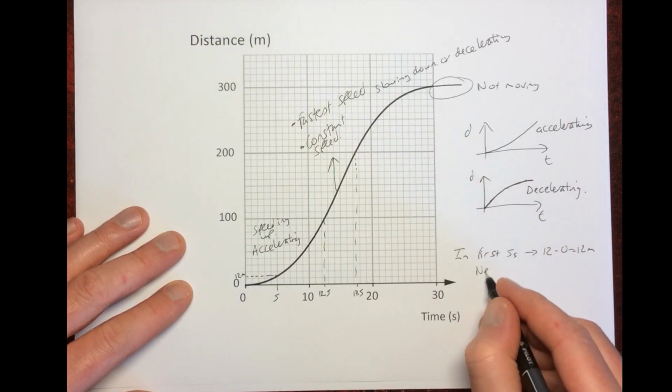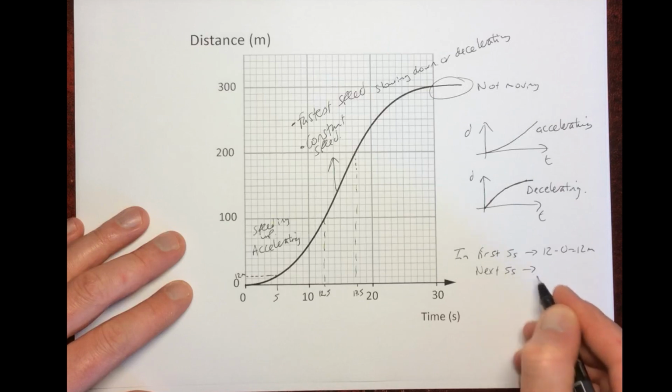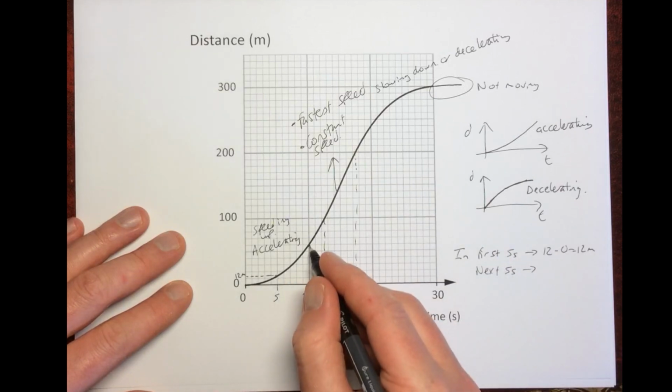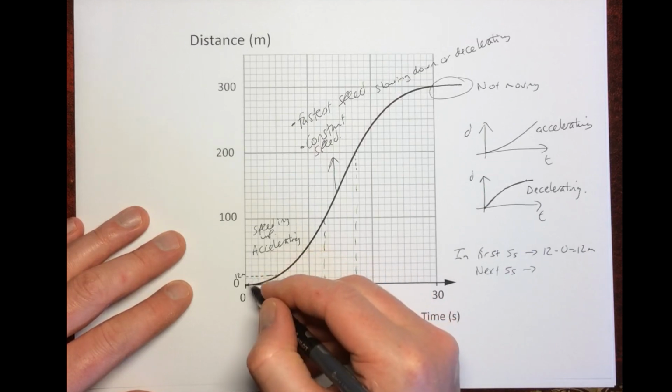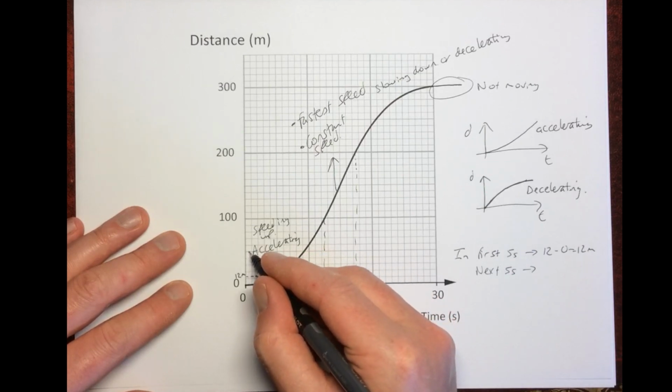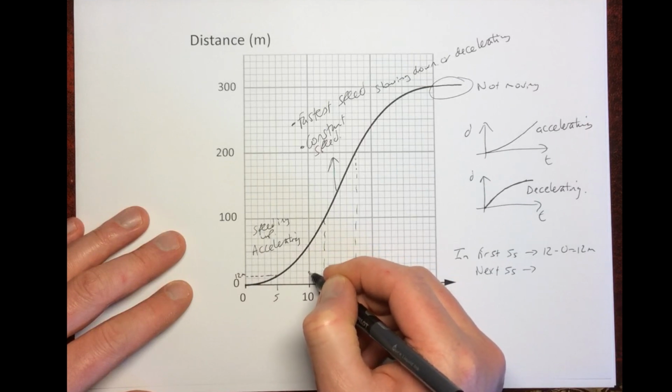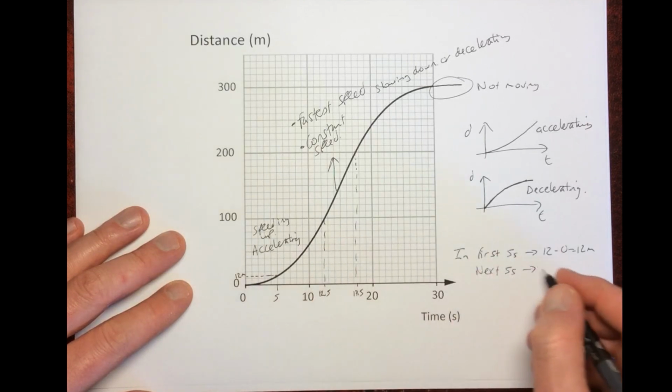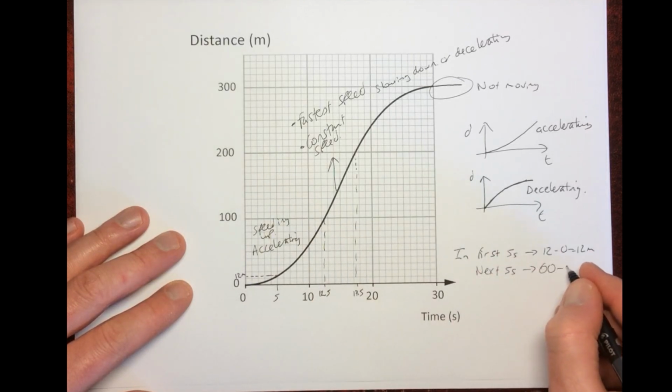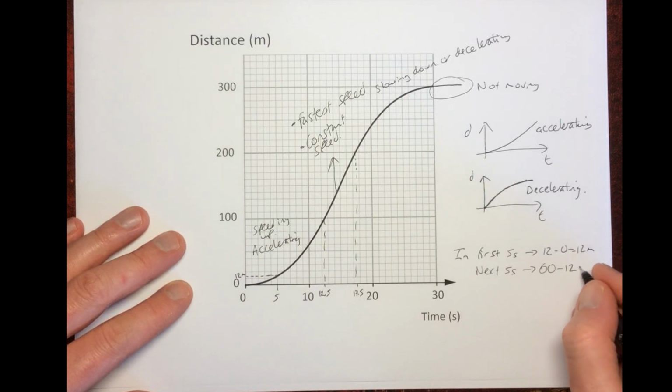In the next 5 seconds, we go from 12 up to about 60 meters, so 60 minus 12 equals 48 meters.